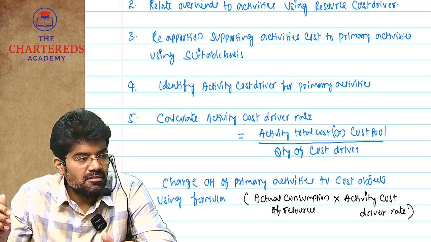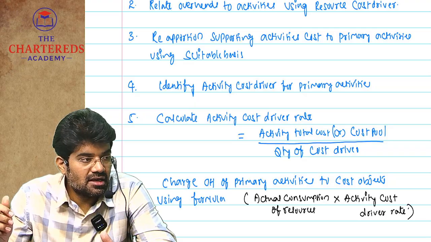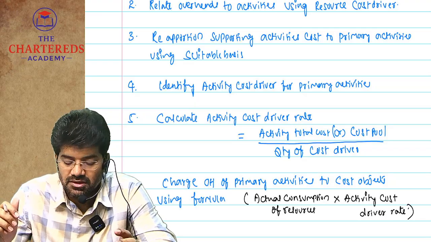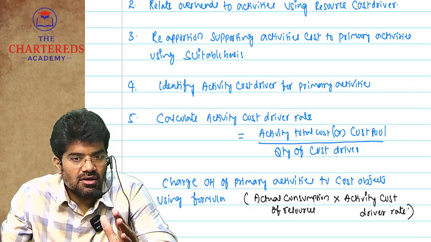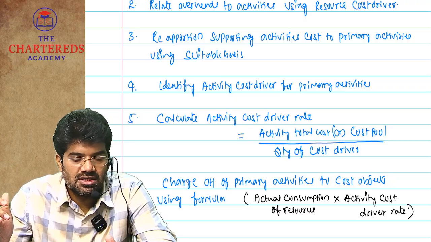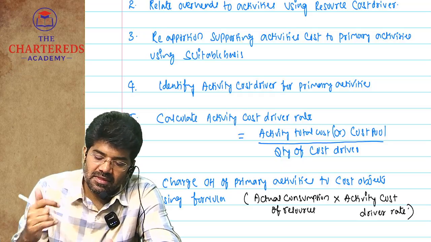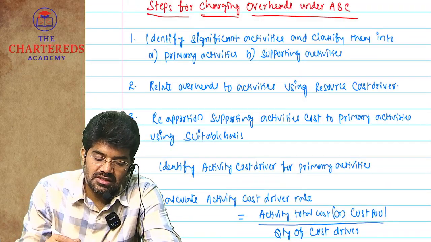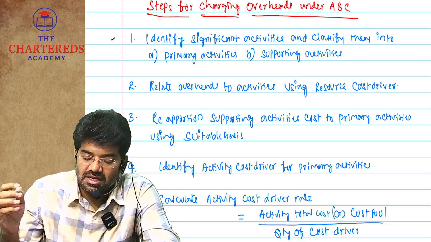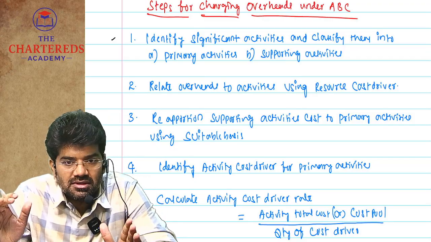That is the per setup rate we might have calculated, that we should multiply. So this is how we charge the activity cost. These are the steps.